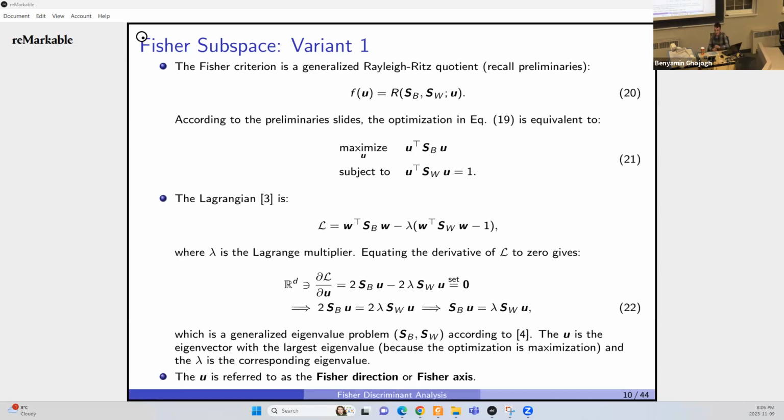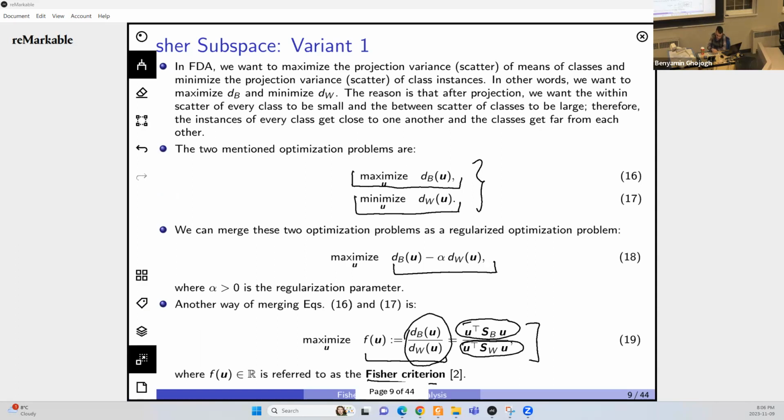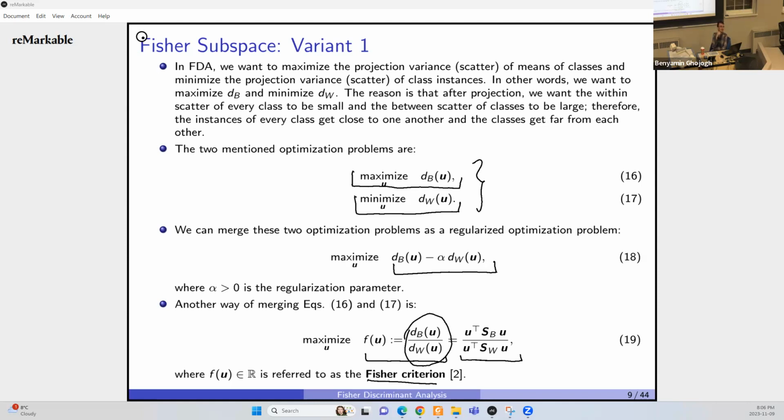Interestingly, do you remember this format? Recall the preliminaries; we had it. What is this format? It's a generalized Rayleigh-Ritz quotient: U transpose A U over U transpose B U. We talked about it in the preliminaries.